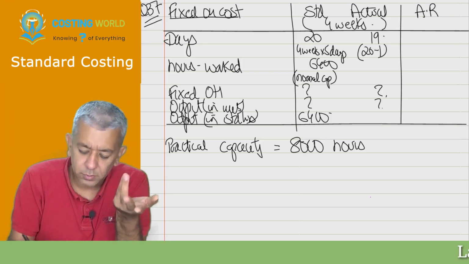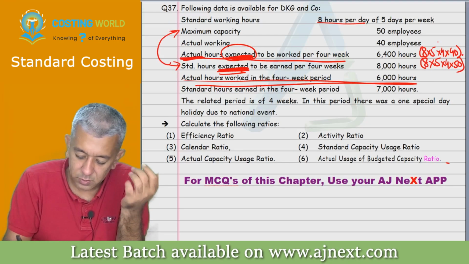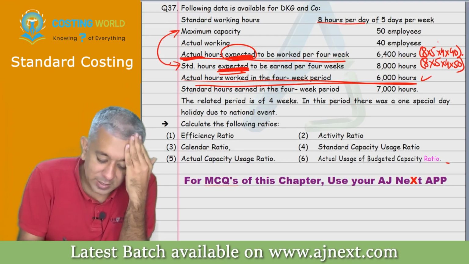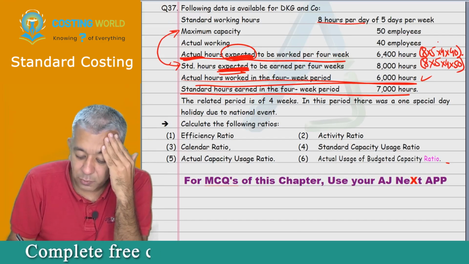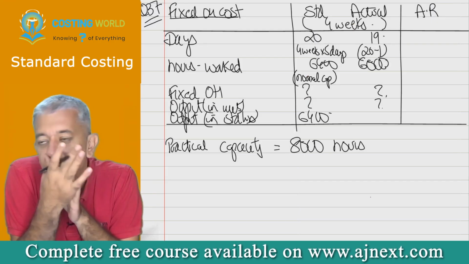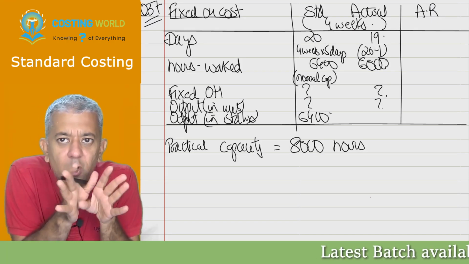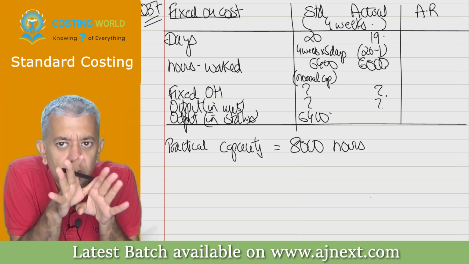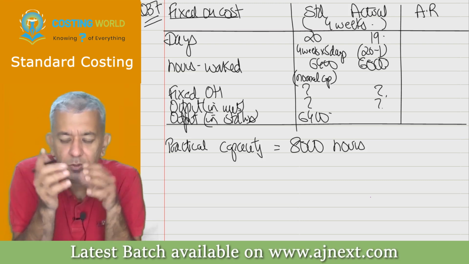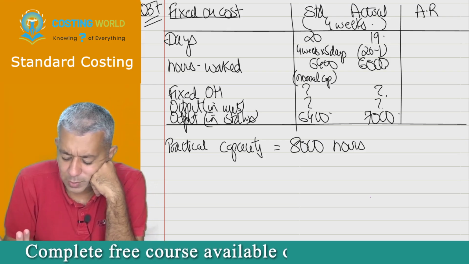Actual hours worked, how much those guys worked. So 6,000 will be coming there. Standard hours earned in these 4 weeks means we produced an output of 7,000 standard hours. Is this all okay? Yes, sir. So 7,000 will be coming over here. I don't think we require any absorption rate also.